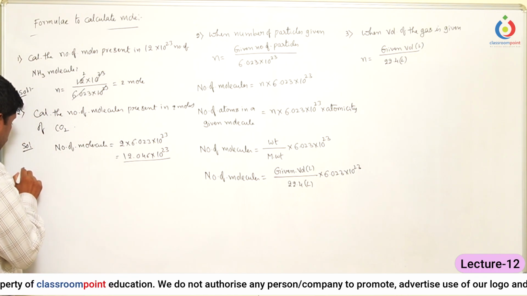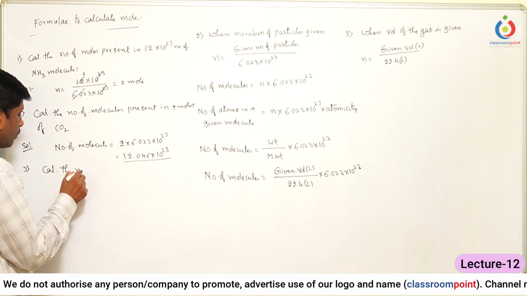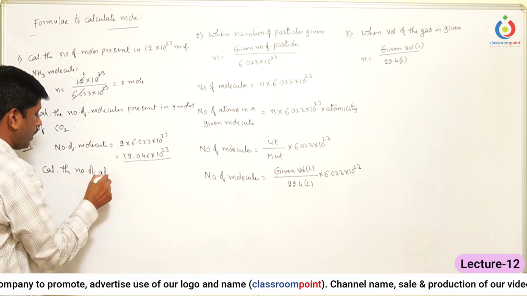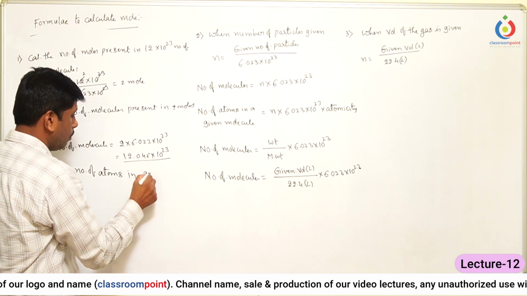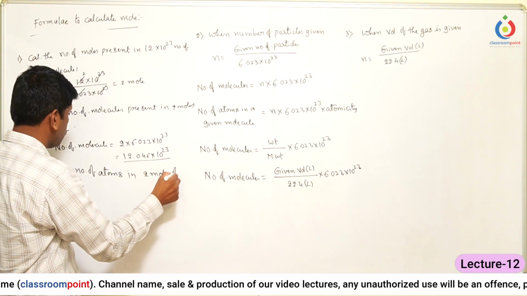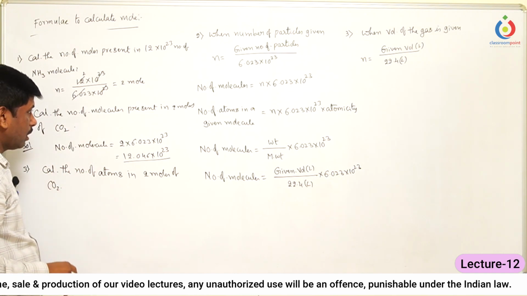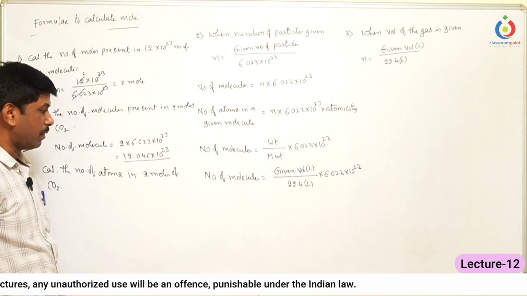Now, let us see the third one: calculate the number of atoms in 2 moles of CO2. A similar question I have taken, but there we calculated the number of molecules, here we are calculating the number of atoms.